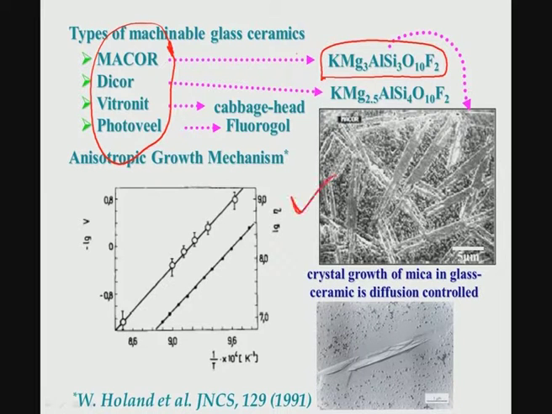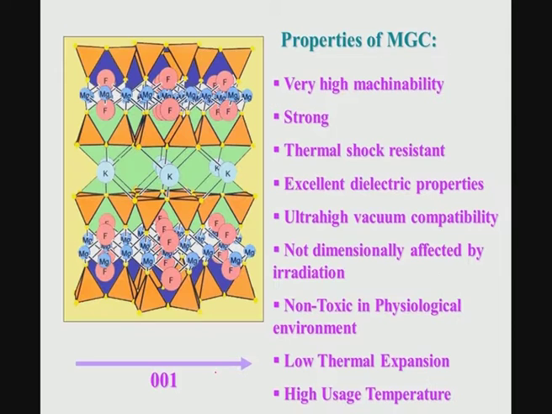This is the SEM image showing crystal growth of mica in glass ceramics under diffusion control, published way back in 1991, almost 25 years ago, in the Journal of Non-Crystalline Solids. Now, what are the properties of mica based glass ceramics? They have good machinability, they are strong, they have thermal shock resistance, and excellent dielectric properties and so on.